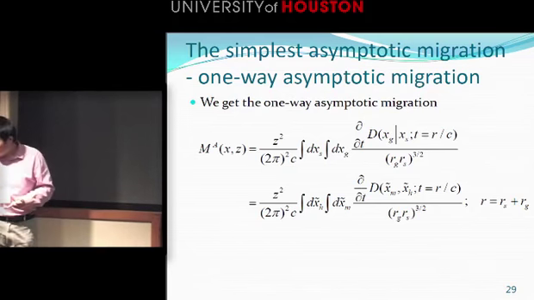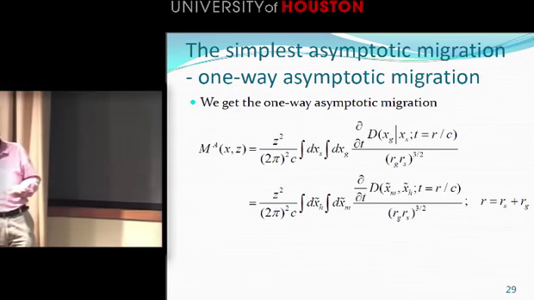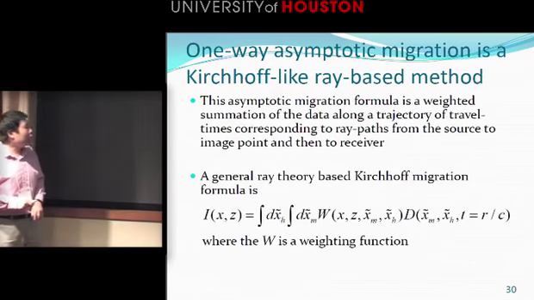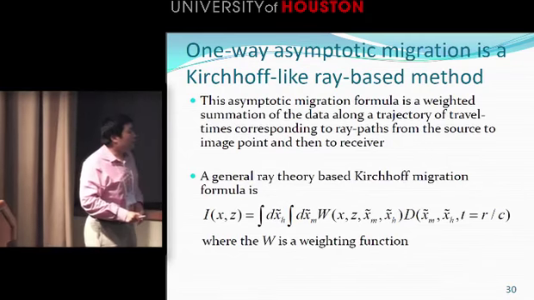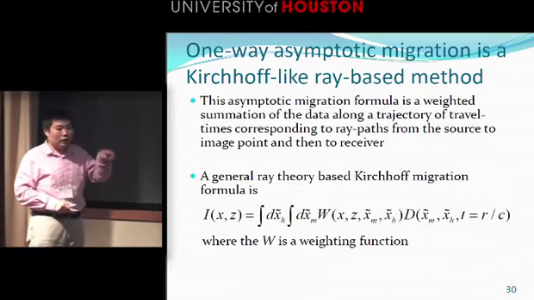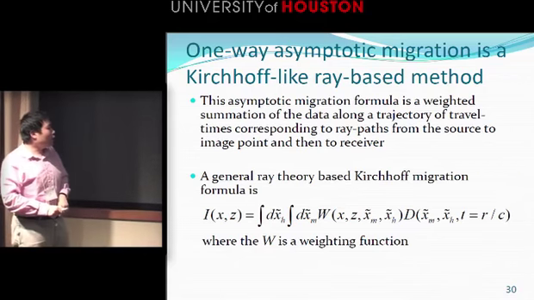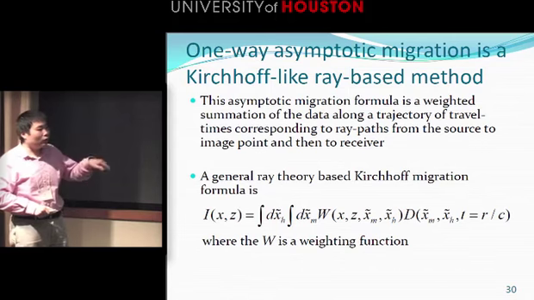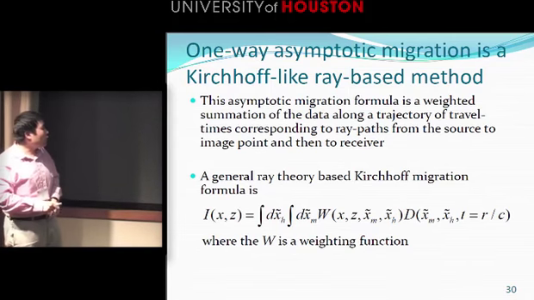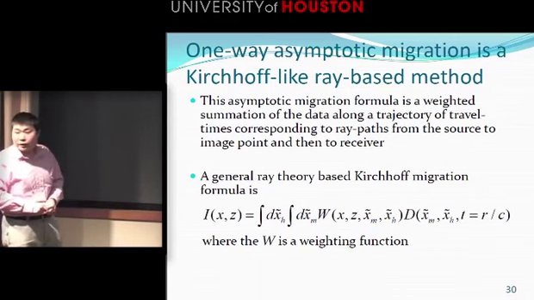So if we compare this result to the general ray theory-based Kirchhoff migration formula like this, we have similar data. It's the data over a travel-time curve, and we have some weight function and summation. We have an integral of the weight function combined with the data over the travel-time curve. We have the Kirchhoff migration result.